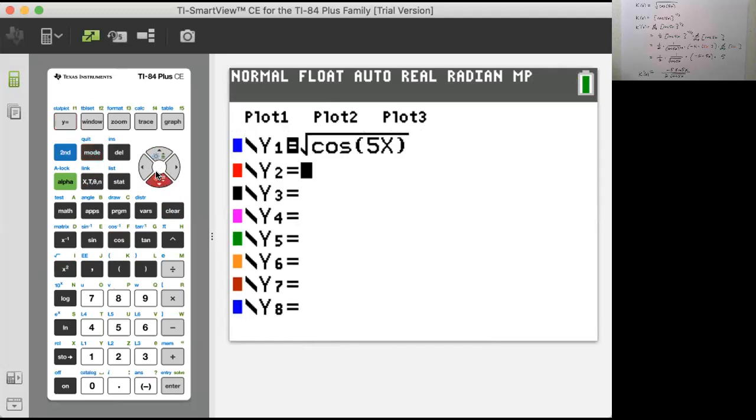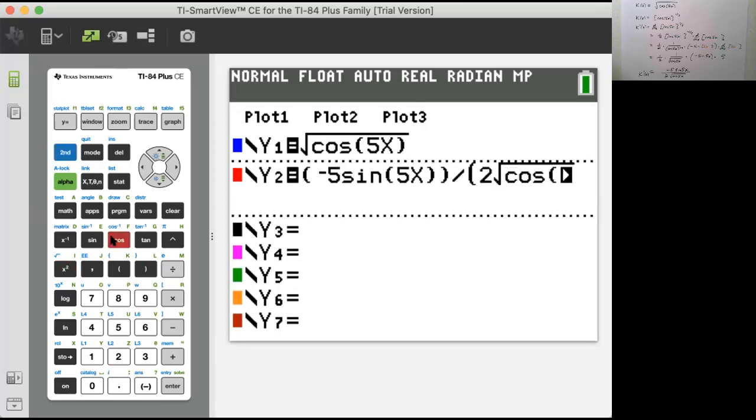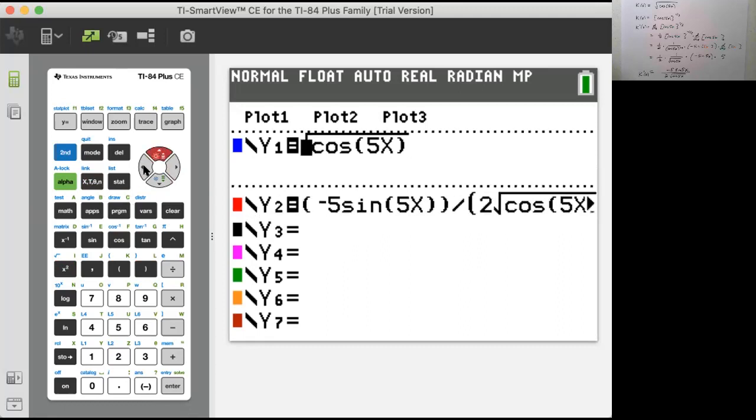What I believe its derivative is, upstairs, negative 5 sine 5x, divided by downstairs, 2 times the square root of cos 5x. And just pay a little bit of attention to the order of operations. I do not want to have the first function drawn. I just want to graph its derivative. I want to see what it looks like.